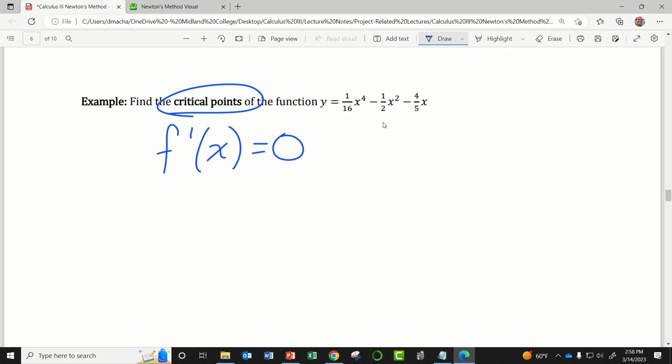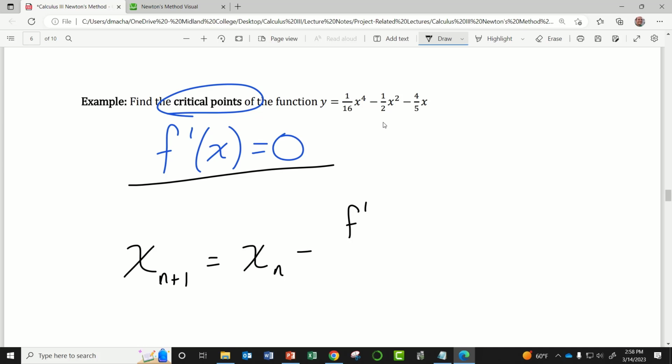Well, the first derivative is itself a function of x, and so what I can do is I can apply Newton's method, right? So I'm going to write down the same Newton's method formula, but with a twist. Instead of writing f of x up here, now my new function is the derivative function.